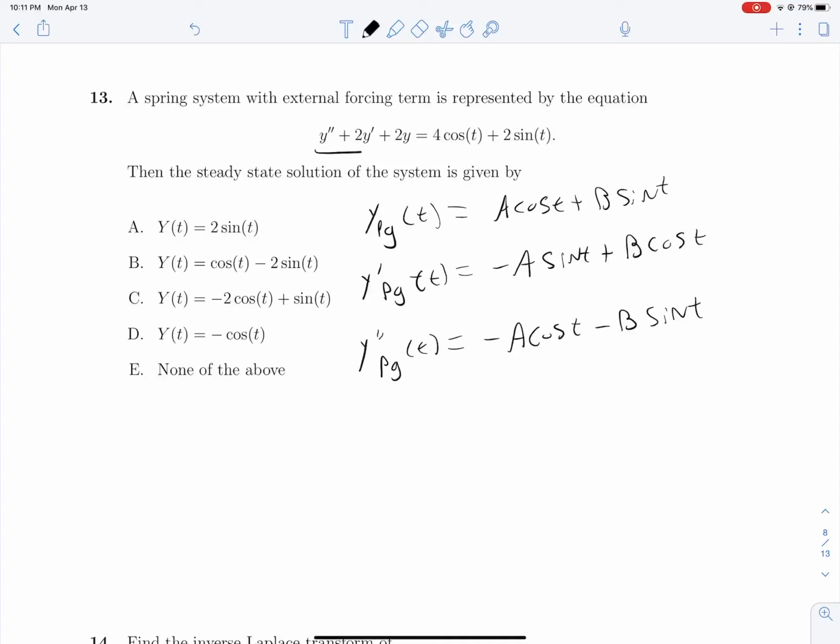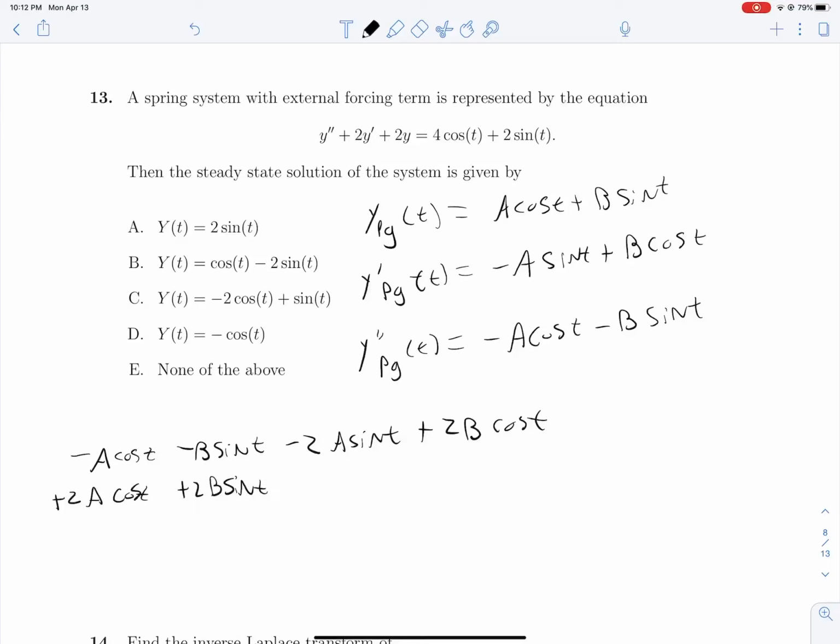Plugging all of this into our y double prime, our y prime, and our y, we will get negative a cosine t minus b sine t plus or minus 2a sine t plus 2b cosine t, and I'll do a little rearranging here already, plus 2a cosine t plus 2b sine t, and all of this is equal to 4 cosine t plus 2 sine t.